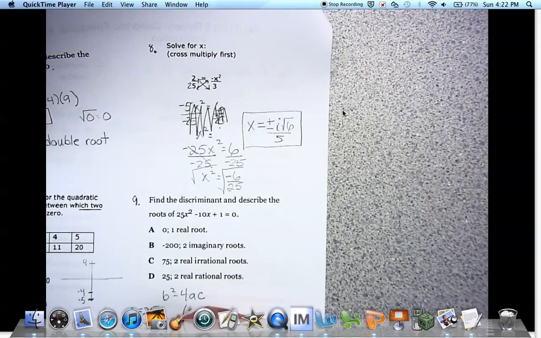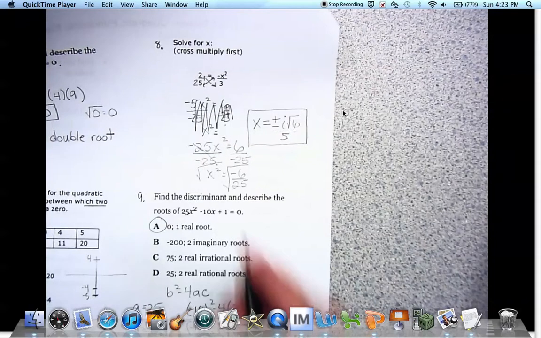We plug in negative 10 squared minus 4 times 25 times 1. Negative 10 squared is 100, minus 100 is 0. So this is one real root, and it's a double one.